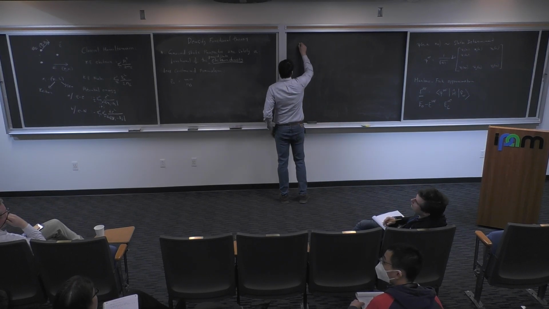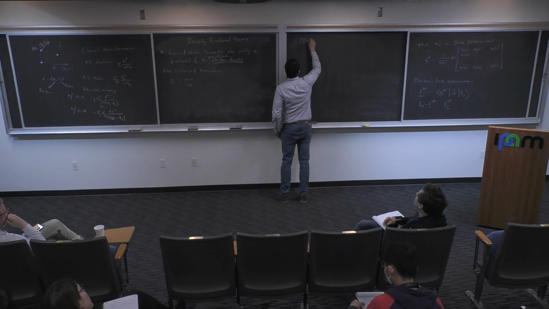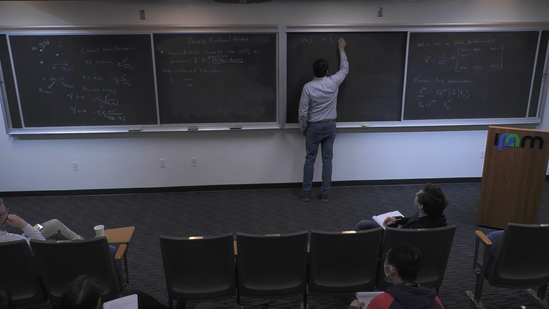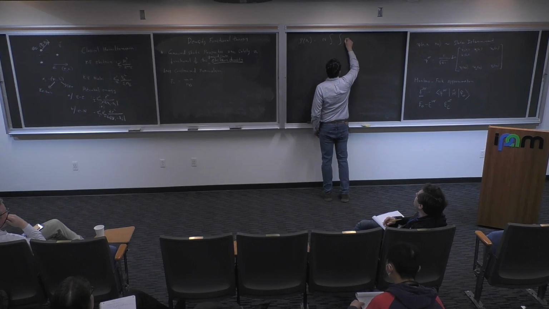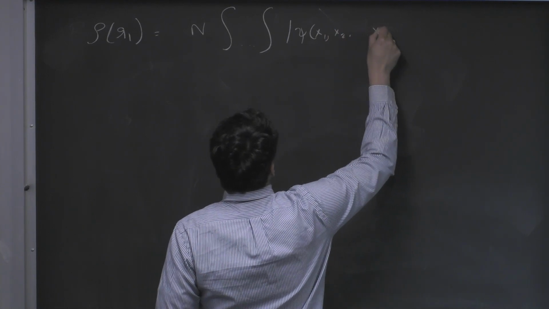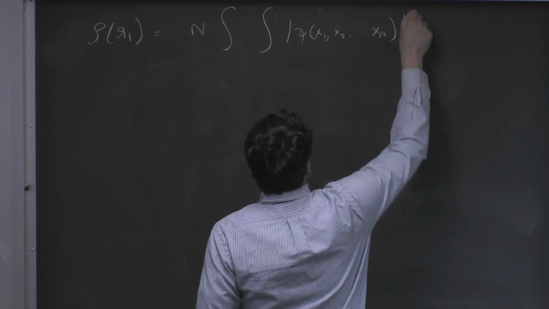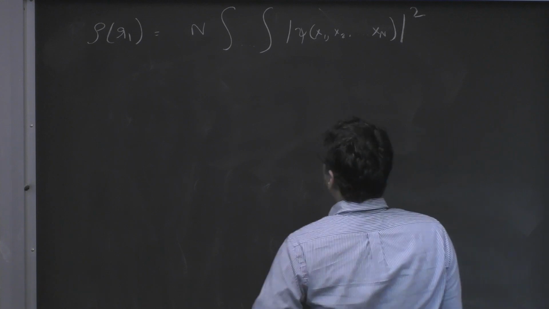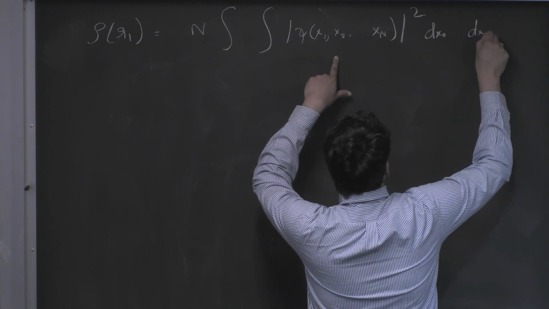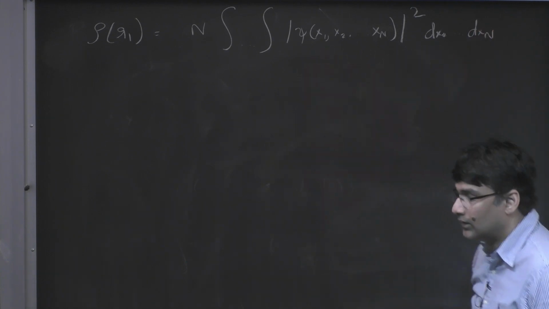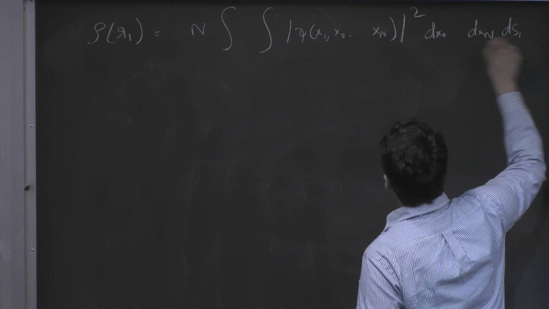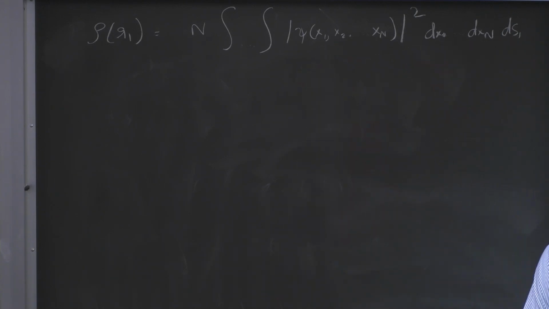So the electron density, let's say rho of R1, is N times the integration of mod psi squared, where psi is the many-body wave function, and you integrate over all the N minus 1 positions as well as the spins, and only the spin of one of the electrons, right?